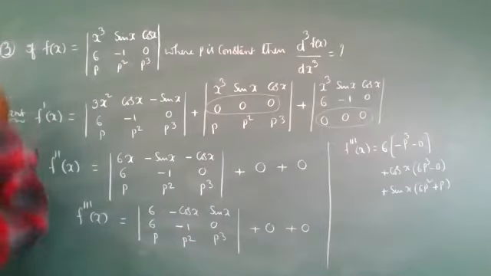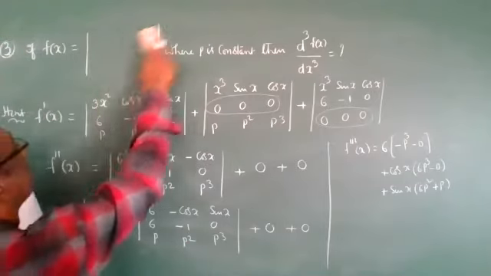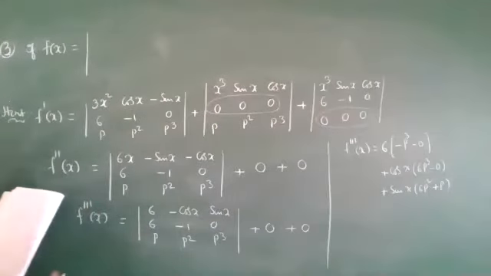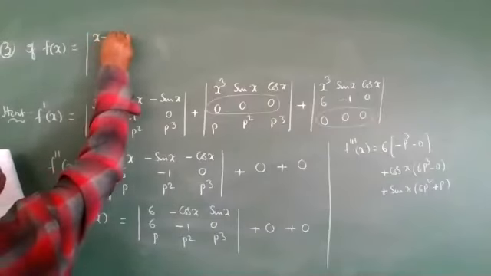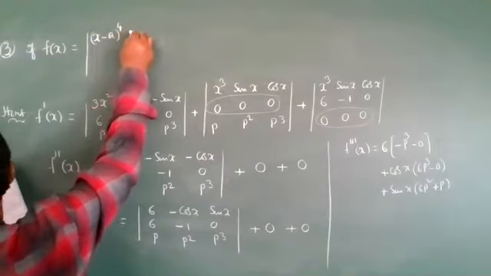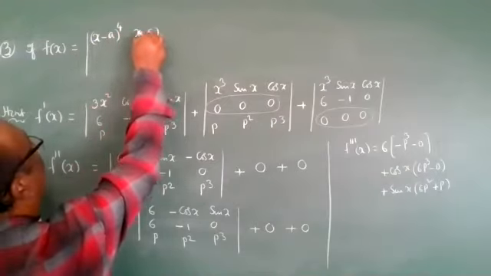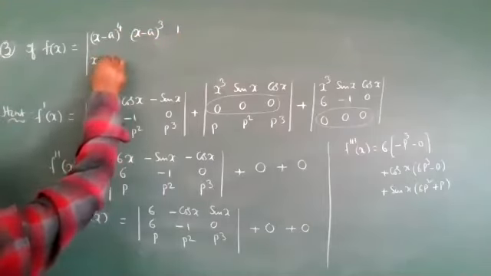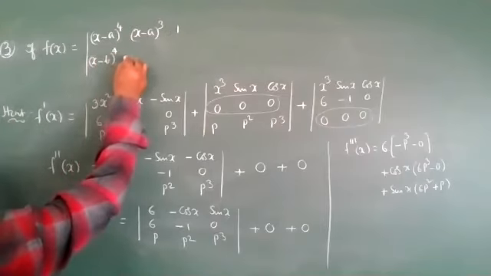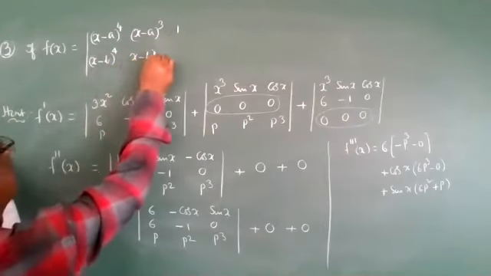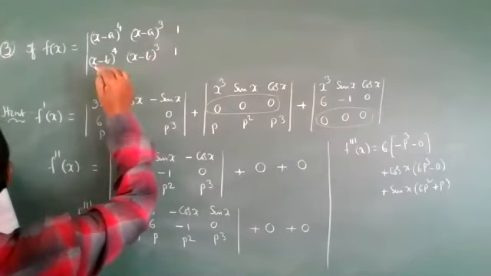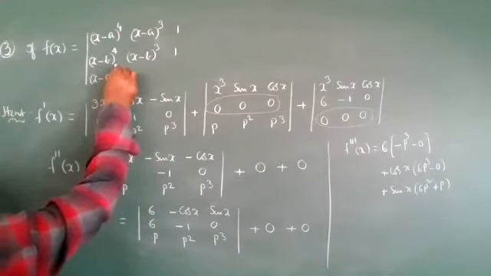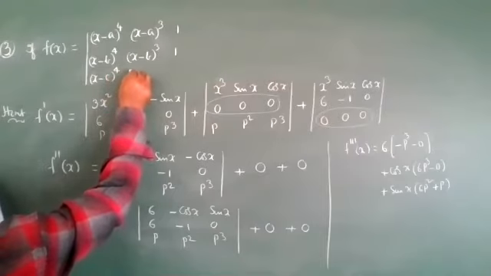If f of x is equal to the determinant of x minus a whole power of 4, x minus a cube; 1, x minus b whole power of 4, x minus b cube; and 1, x minus c whole power of 4, x minus c whole cube.